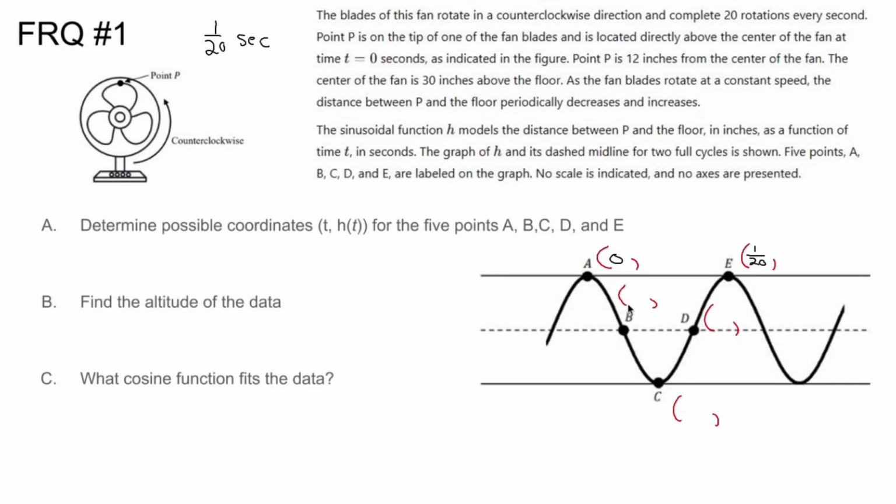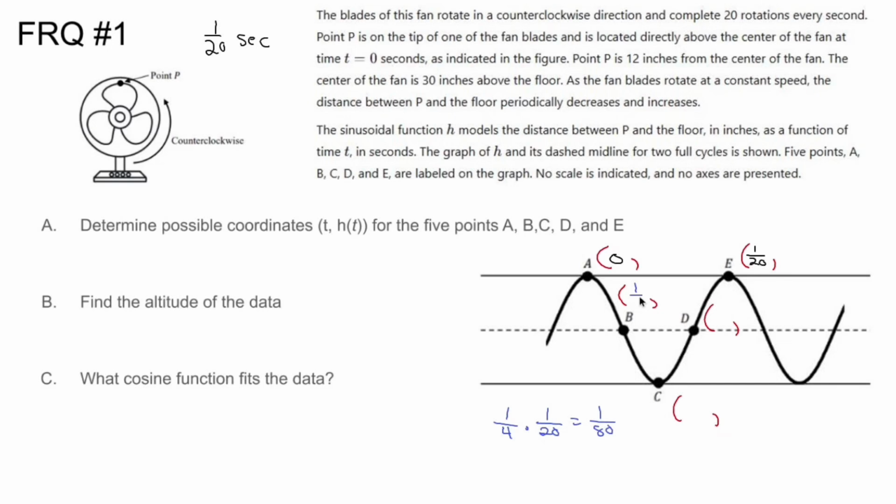If I compare B to E, B is 1/4 of its way to E. So B is going to be 1/4 of 1/20th of a second, which is 1/80th.